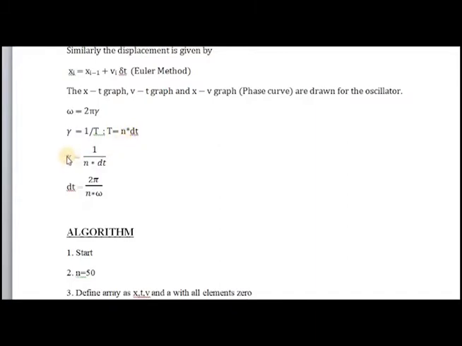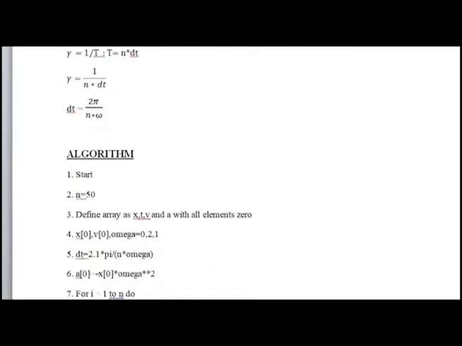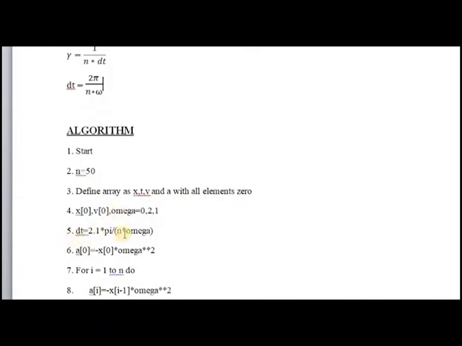So I have the expression for my frequency, nu is equal to 1 by n into dt, and substituting this value in the equation for angular frequency omega, I'll get the expression for small increment of time delta t is equal to 2 pi by n into omega. The same thing is given here, dt is equal to 2 pi by n into omega. Here it is given as 2.1, or you can give it as 2.0, 2.2, etc.